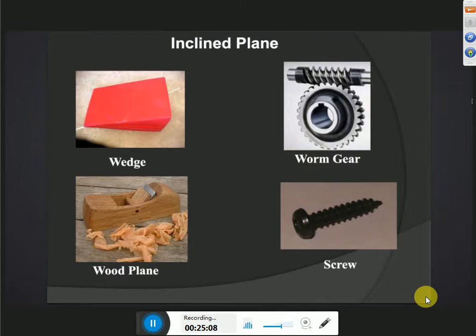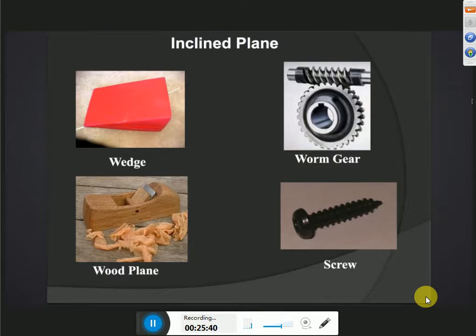If you go to the next slide, you can see the wedge principle. The principle of wedge or inclined plane is used in many applications like worm gears and screws. If you show them simultaneously the helix angle and the thread angle, which is already there in machine design textbooks, but a real wedge, like the red one at top left, helps them understand what a wedge is.